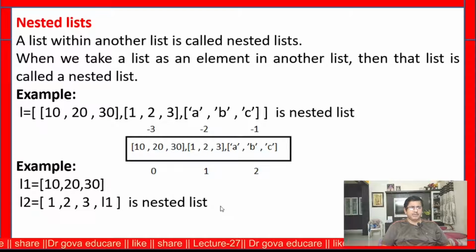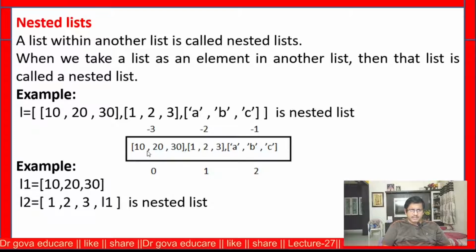So for example, L is equal to a list. This list again contains lists. This is one list, this is another list, this is another list. Now it is called a nested list. In the list, observe here, 10, 20, 30 is the zeroth element. 1, 2, 3 is the first element, and this is the second element.